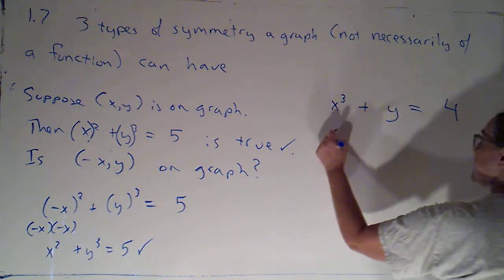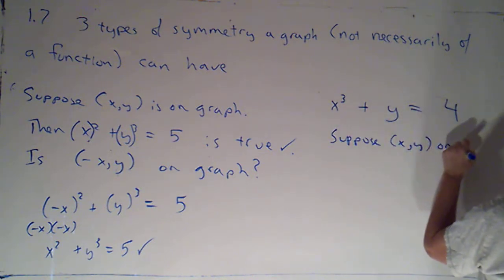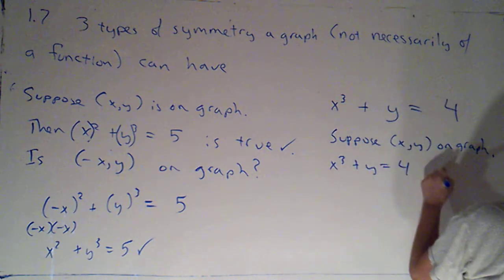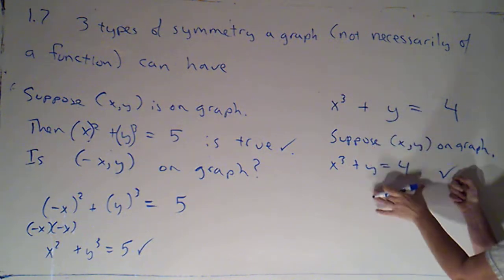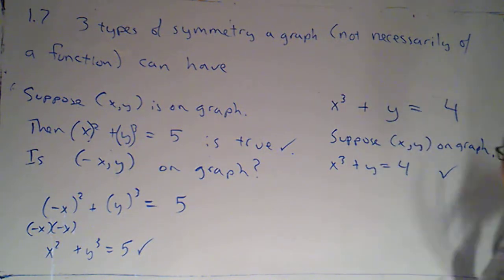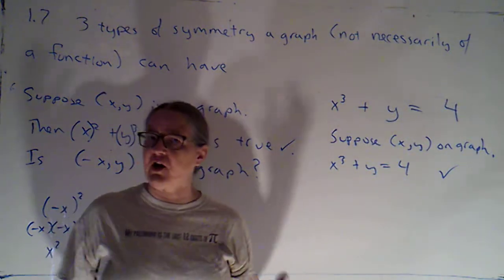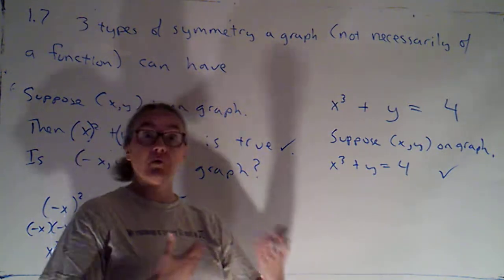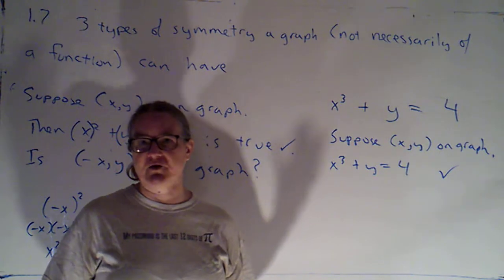Now, if I suppose (x, y) is on the graph, that means that x cubed plus y equals 4 is a true equation. Now, you don't need to write this out every time. I'm doing this for our first couple of examples just to explain what the thought process is, why we're doing this, because it's a lot easier to remember what to do to test for a type of symmetry if you can understand why you're doing it.